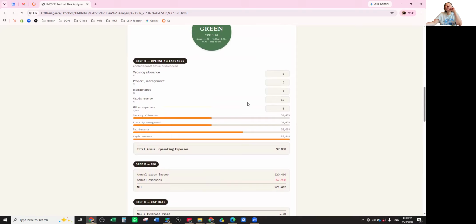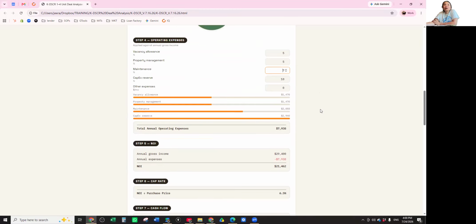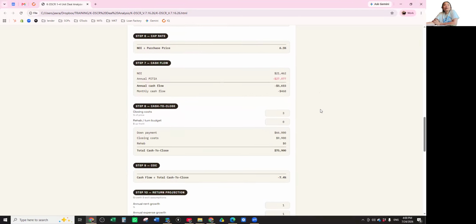If you want to know exactly the cash flow that you generated, handy cash, not the people lost, you can take vacancy allowance out. You can take maintenance and CapEx reserve out, but leave property management and maintenance just to be conservative, because those are real expenses, not the people lost.